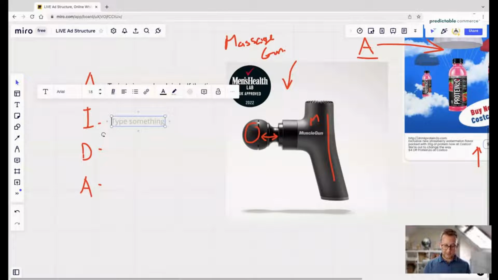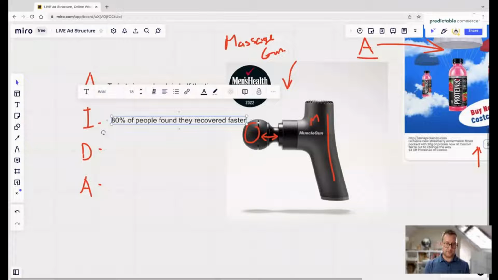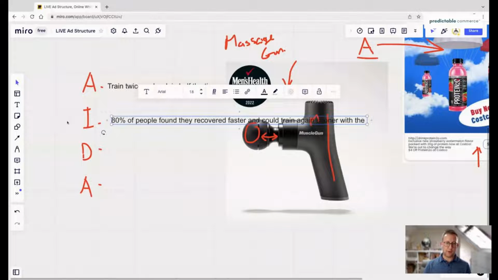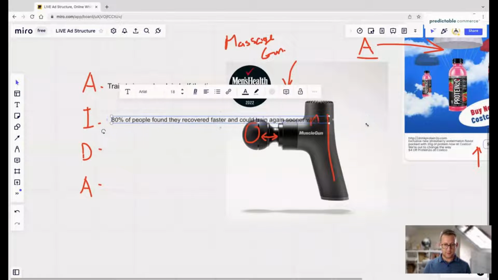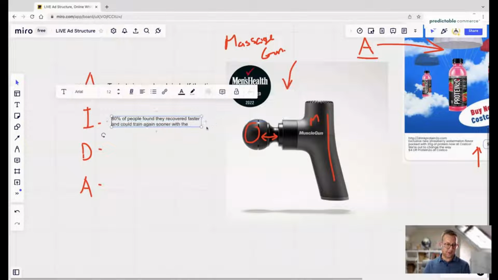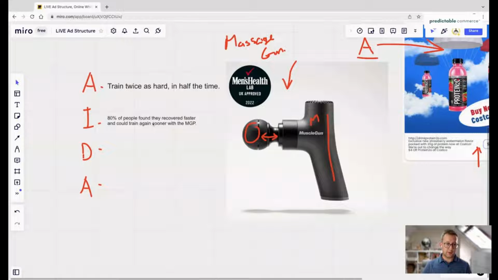So we might say: 80% of people found they recovered faster and could train again sooner with the Massage Gun Pro, or whatever we decide to call this product. So there you go. Interesting.